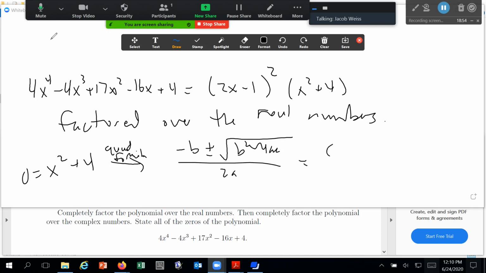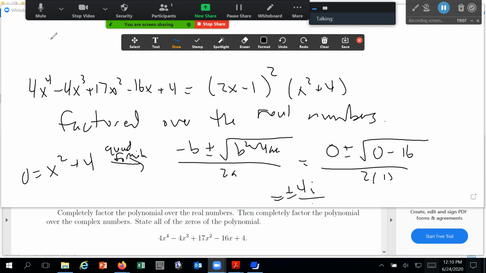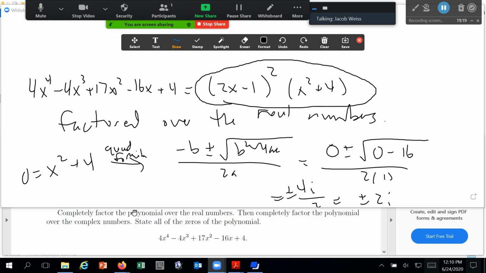So b is 0, so this would be 0 plus or minus the square root of 0 minus 16 over 2 times 1, which is plus or minus 2i. So this is the answer to the first part, completely factor the polynomial over the real numbers. Then completely factor the polynomial over the complex numbers.